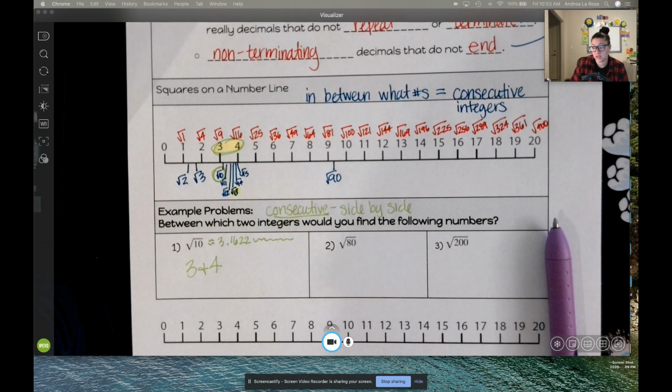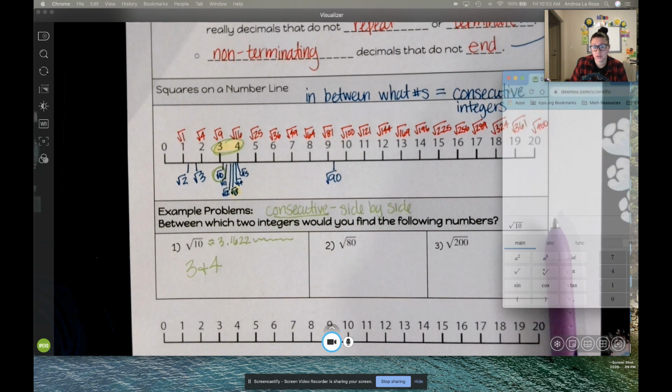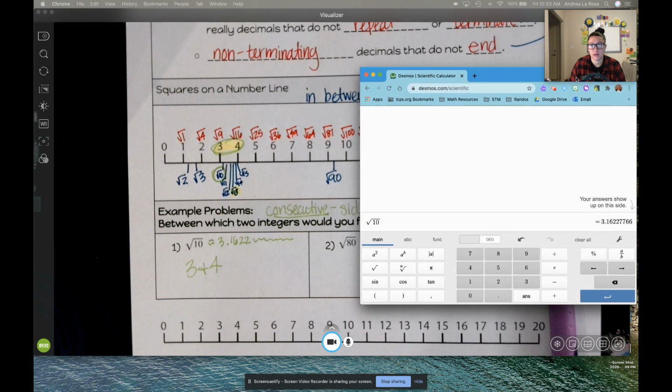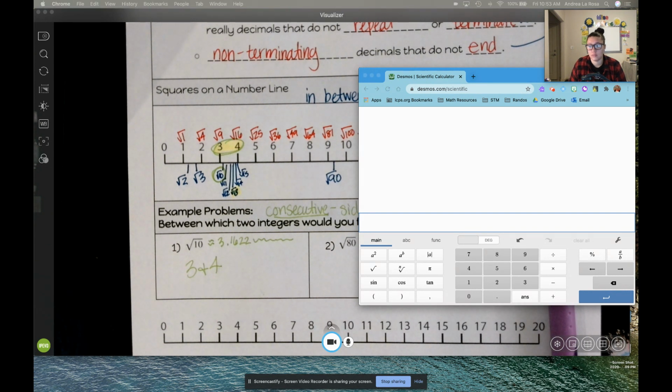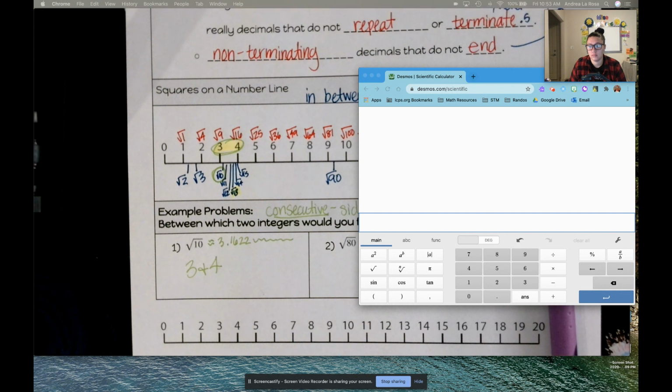Let's check our calculator to find out. If I bring my calculator back, I delete. Again, the square root button's right there, of 80.